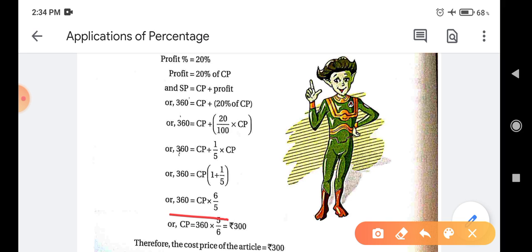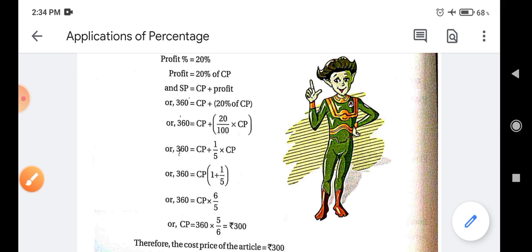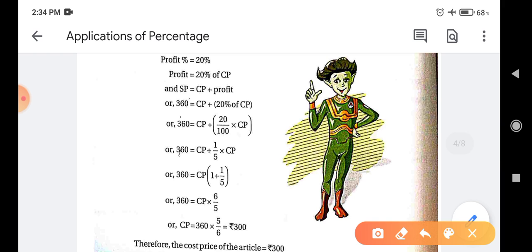Now we have to find CP. We transpose 6 by 5 to the left hand side, and its reciprocal will be written, because here it is in multiplication, and if we transpose it to the left hand side, it will become division.